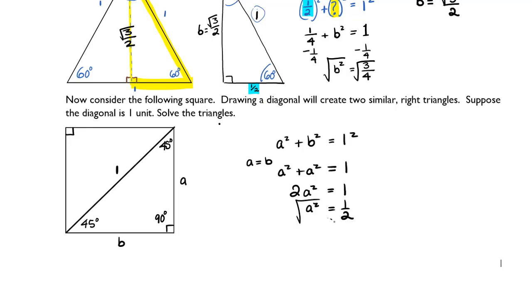If I take the square root of both sides, I get a is equal to plus or minus the square root of 1/2. If you rationalize this by multiplying by 2/2, then you would get the square root of 2/2.